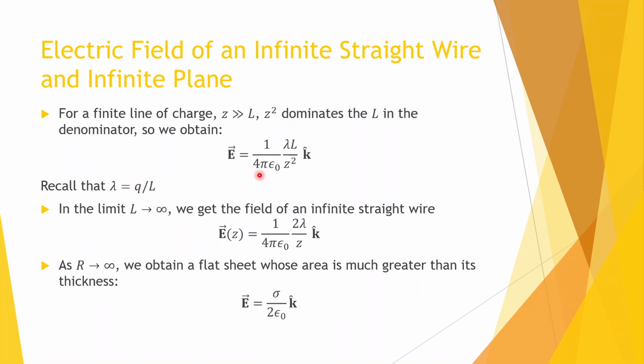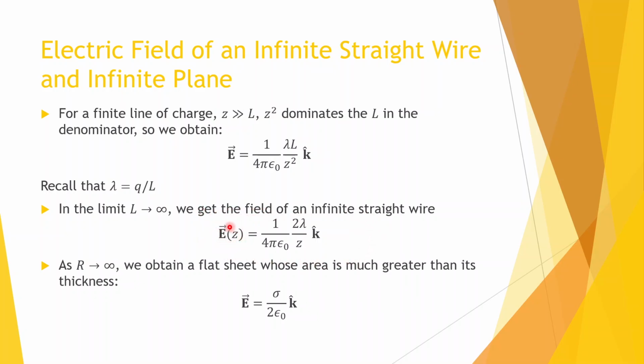So as we take a limit, as L goes to infinity, okay, we get the field of an infinite straight wire. So sometimes we may ask, what is the electric field of an infinite straight wire? This is the equation that we will use.